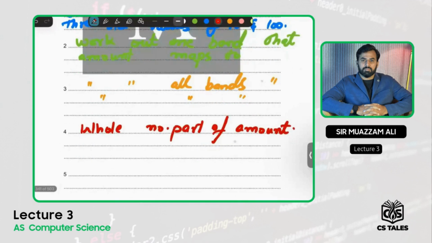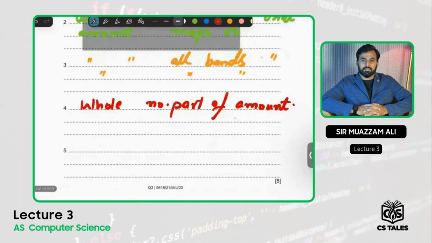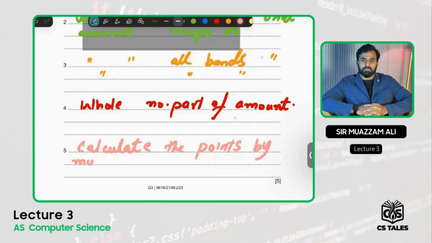Next thing, you must calculate the points, because he's asking about the points. You must multiply the amount by the appropriate value.